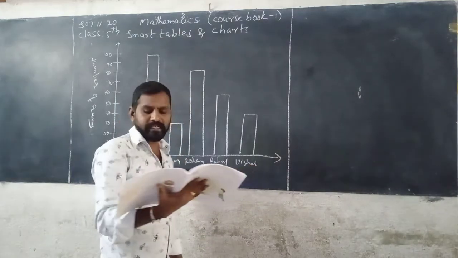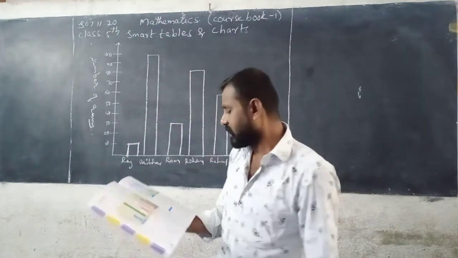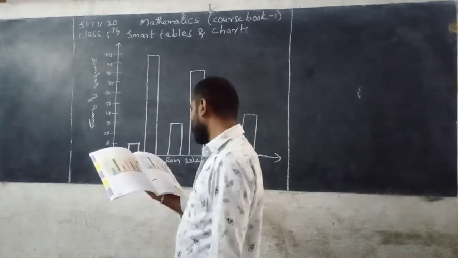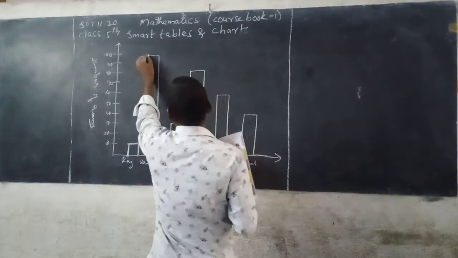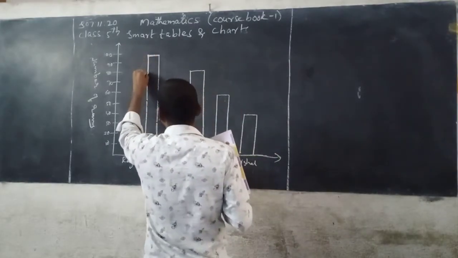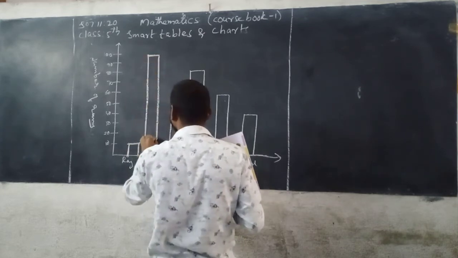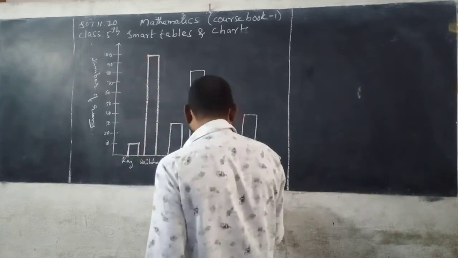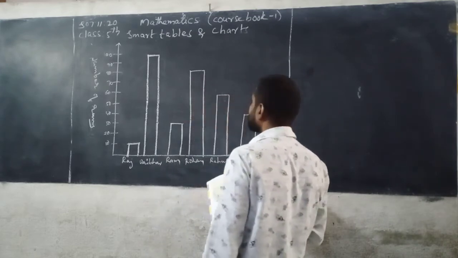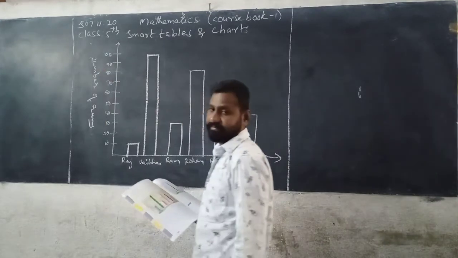Next question, who has the highest score? Vaibhav. Vaibhav scored 100 runs, the highest score.